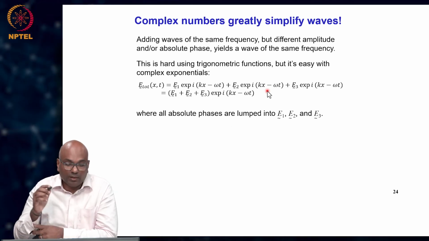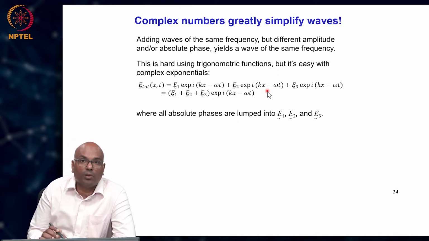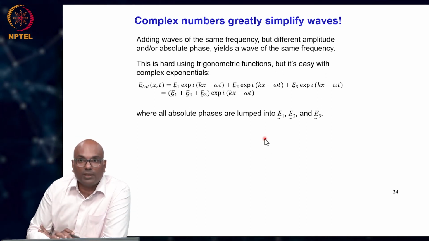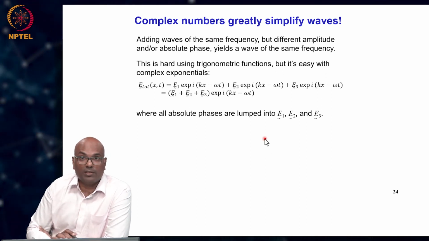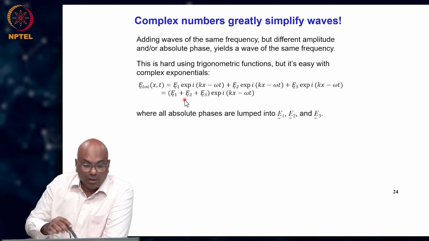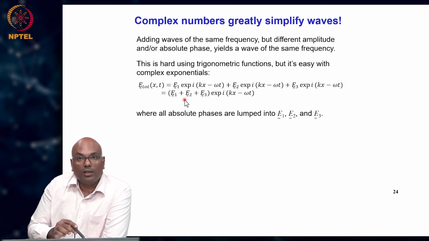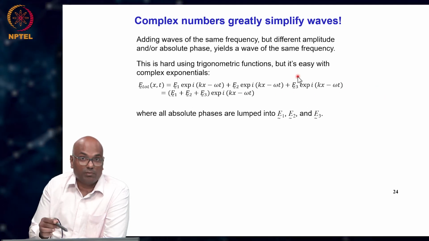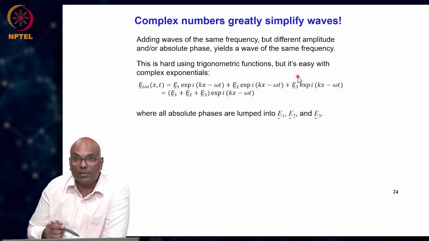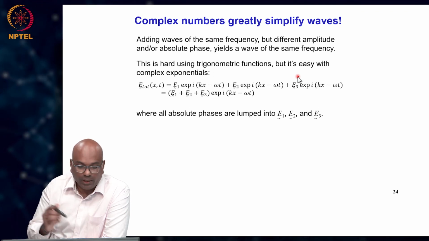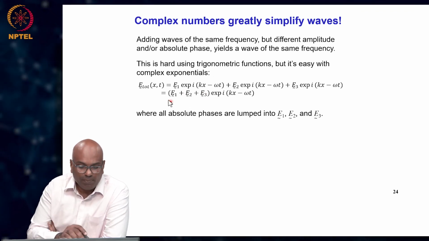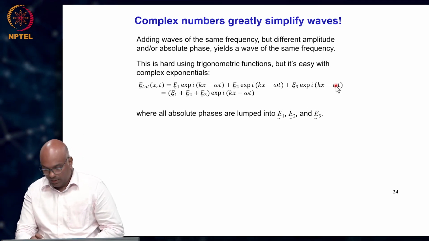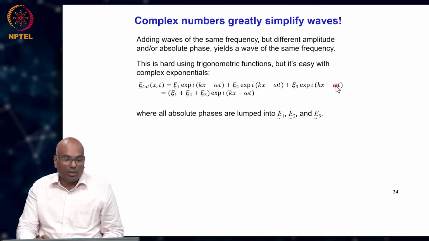So that's really the convenience and power of complex numbers being used in describing these waves, although electric fields are real. One can easily imagine that we can continue adding any number of waves, for example, which share the same frequency and propagate through the same medium, and writing out their sum would be an almost trivial exercise, right?